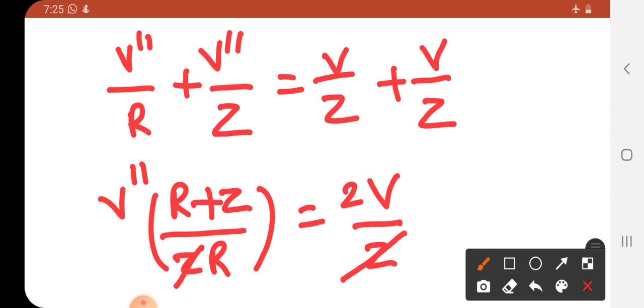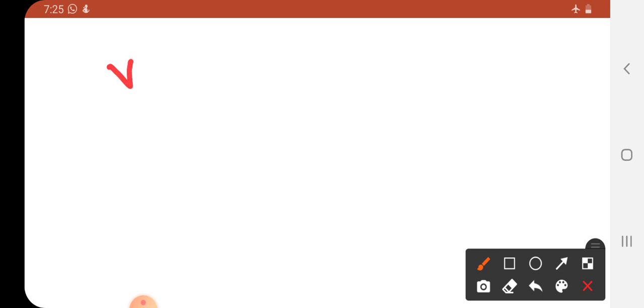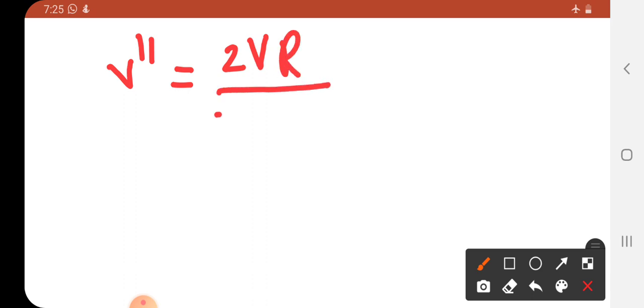Hence, what is V double dash? V double dash is equal to 2VR by Z plus R.